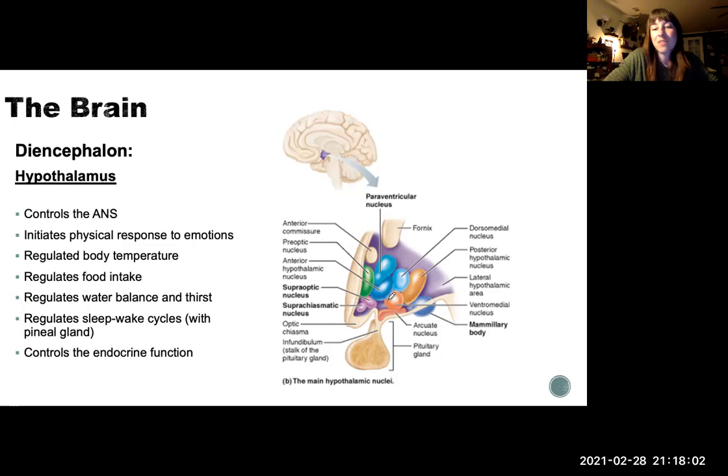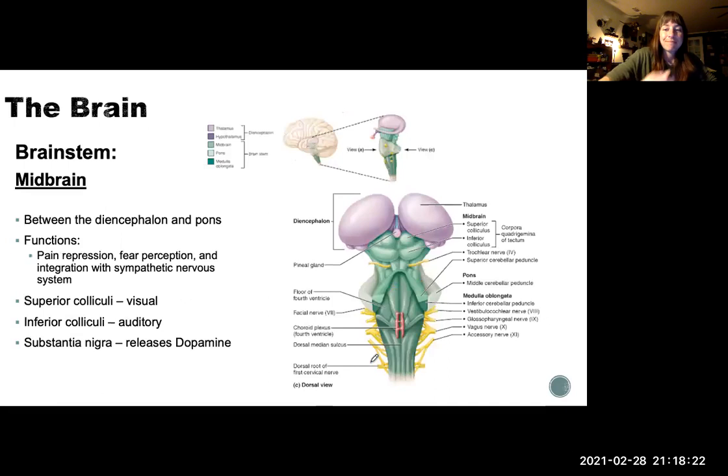So depending on what the hypothalamus says, your pituitary gland may secrete hormones within the endocrine system to send signals to other parts of your body through a chemical messaging system, as opposed to our electrical messaging system. And we're going to talk all about that later on in the semester.